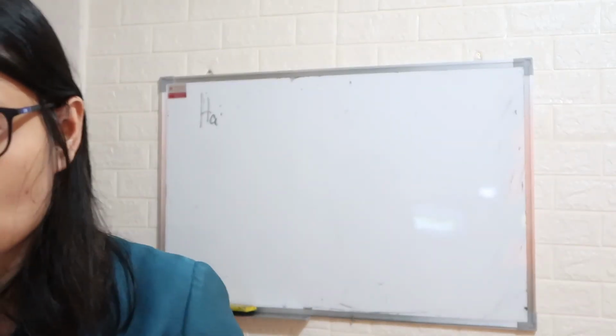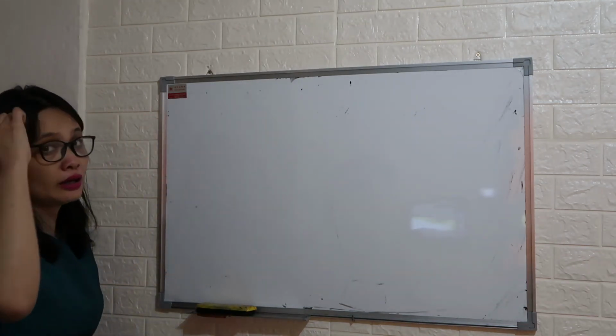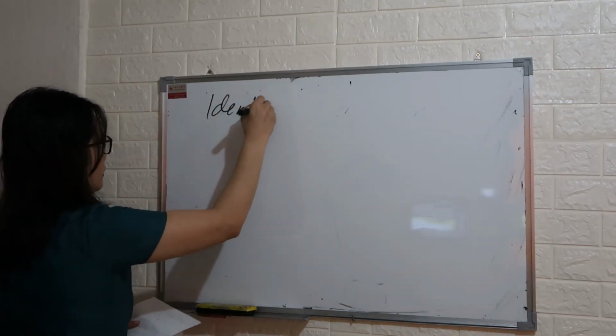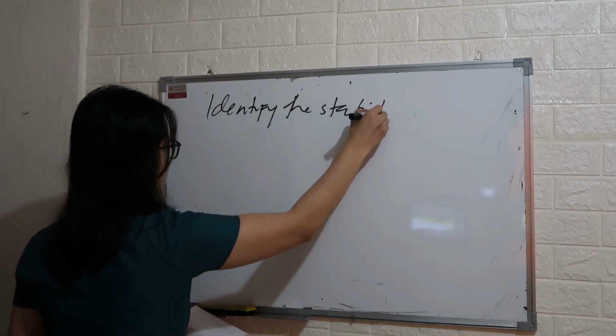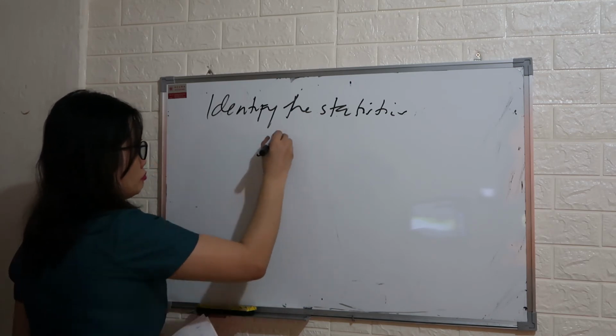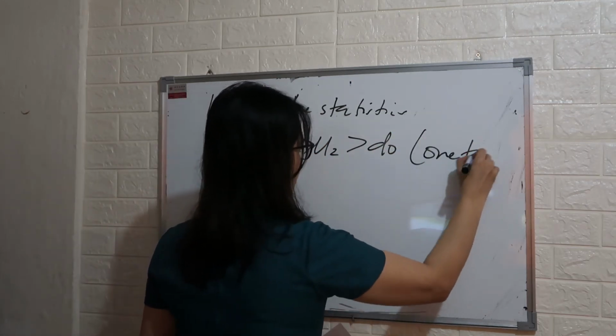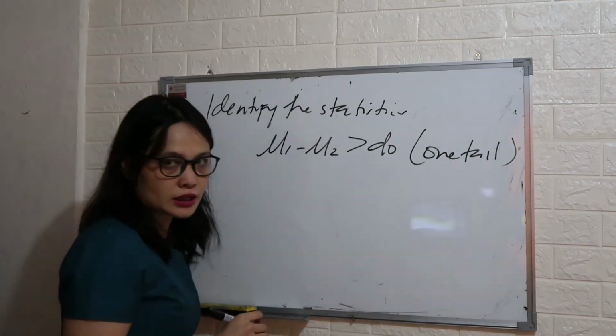Okay, so how do we answer this one? So first we need to determine the differences, yung D. First we need to identify the statistic. Since your HA is mu1 minus mu2 greater than d sub o, that would be a one-tailed test.